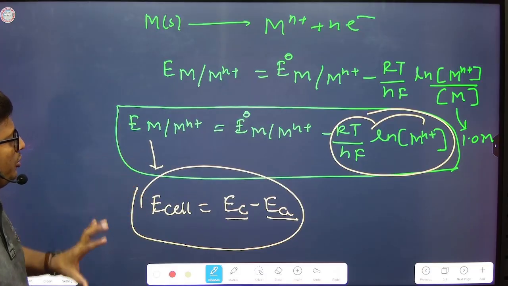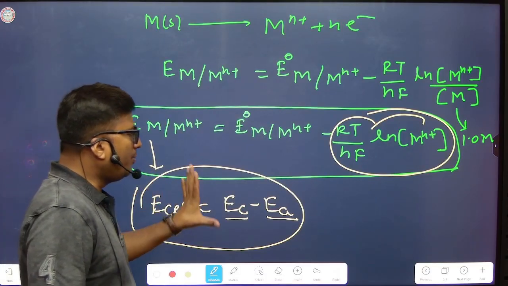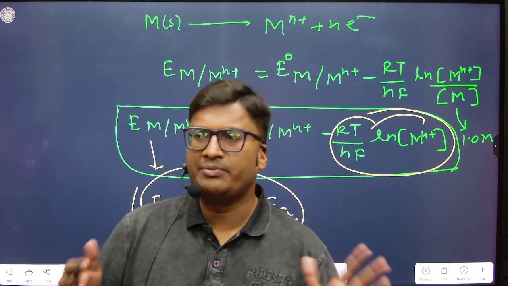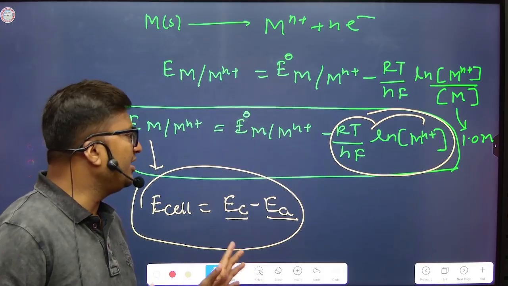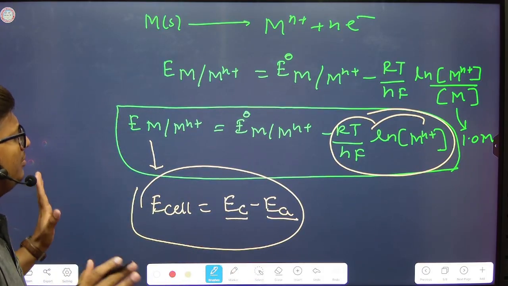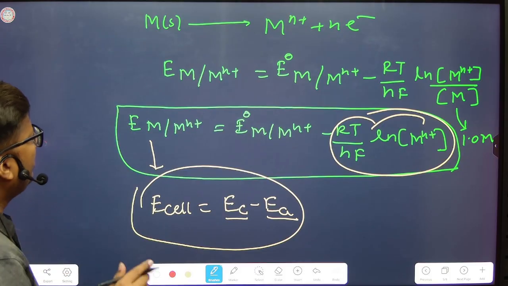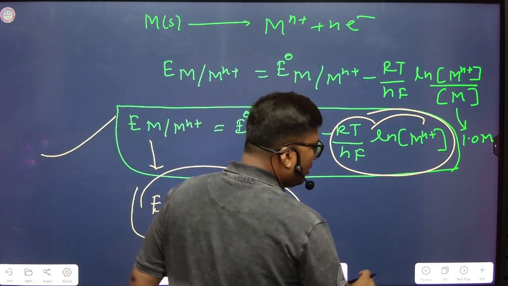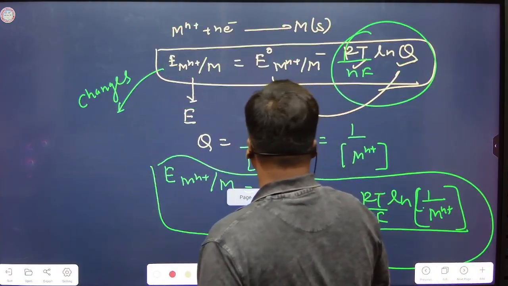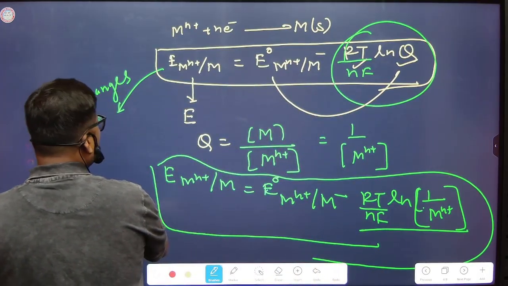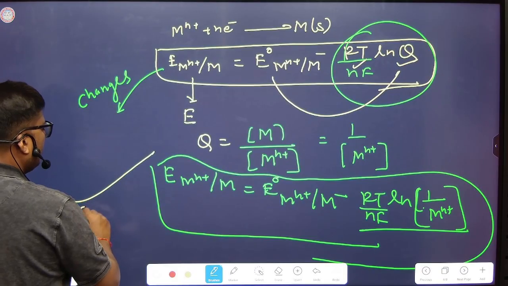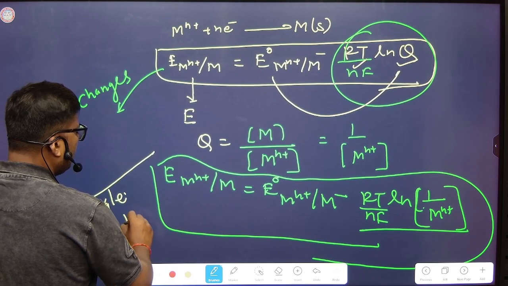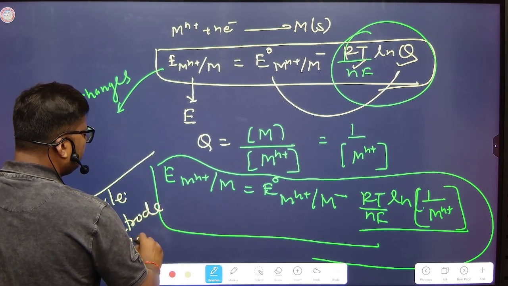But this cell potential is obtained only when there is a presence of two half-cell reactions completing the electrochemical cell, right? Here this is a single electrode reaction, and on the previous page also it was for a single electrode reaction.